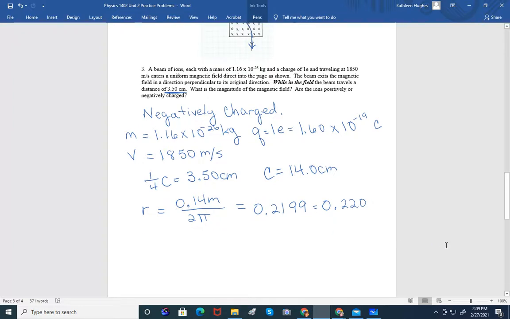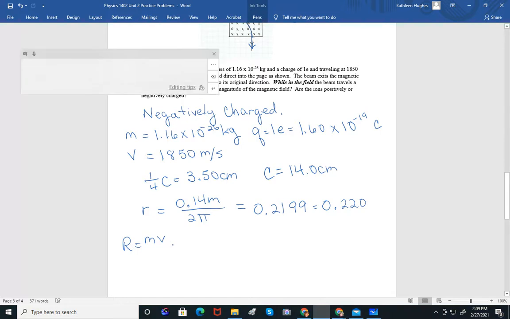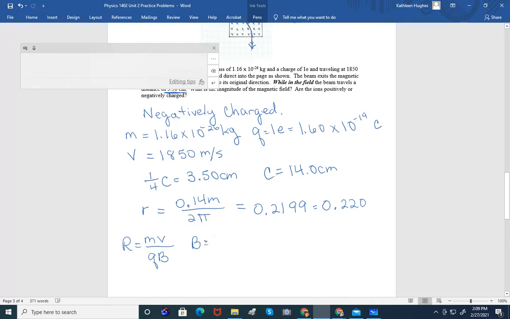The formula that we need, since we know that it's traveling in a circle, is the fact that the radius it travels is mv over qB. So in this case, we're solving for B. B would equal mv over qr.